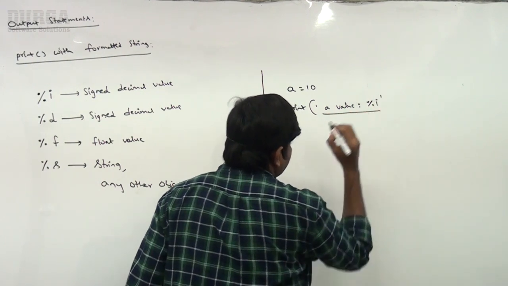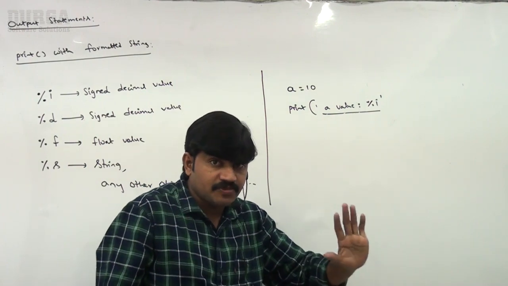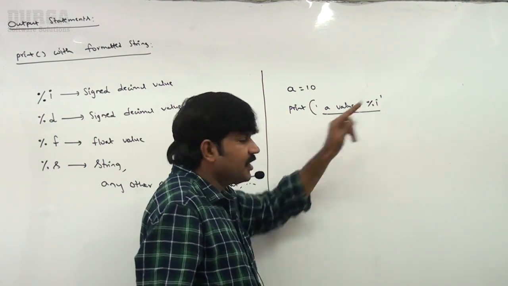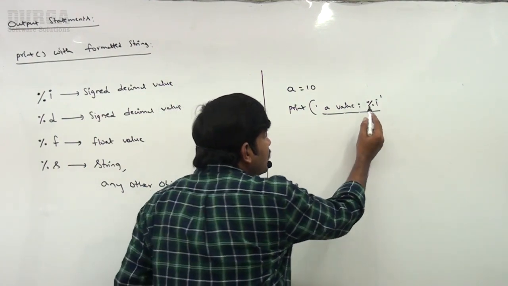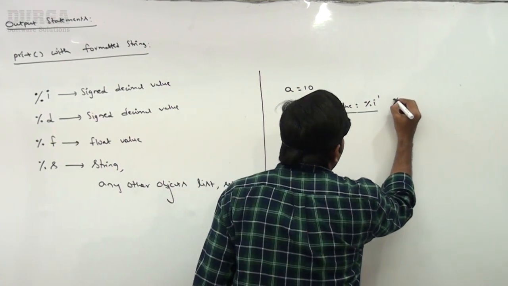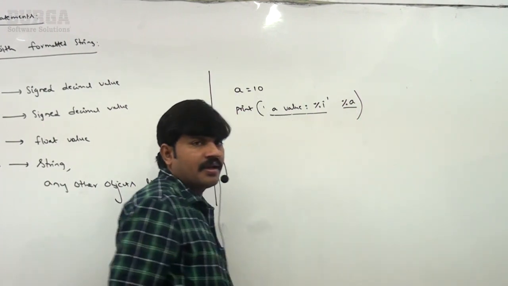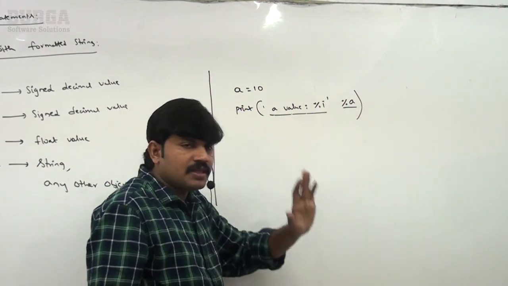Are you getting what this is? A value is %i, the format specifier is there. This is the formatted string. Now this %i we have to replace with the variable value, A.